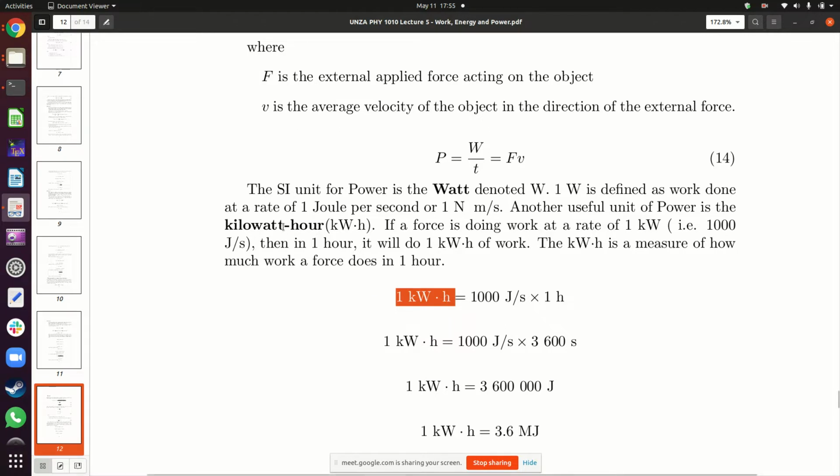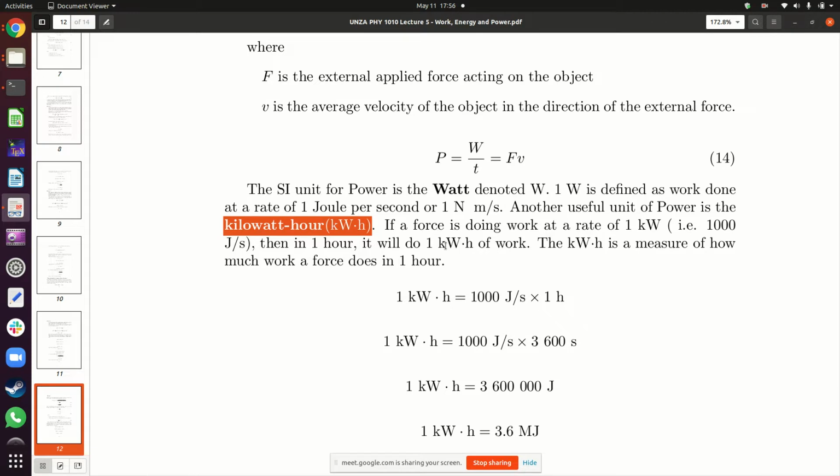Kilowatt is power, hour is time. So you're multiplying the P in the formula times the T. The P is in kilowatts, then the T is in hours. When you multiply P times T, what you get is work.